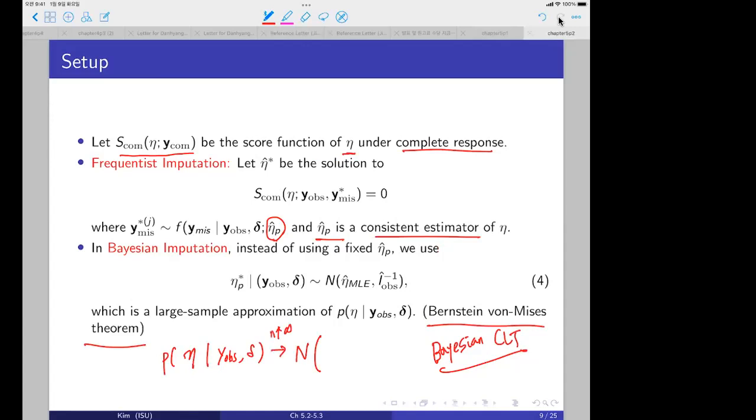Notice that we are talking about the distribution conditional on the data. The mean is the MLE, and the variance is the inverse of the information matrix.